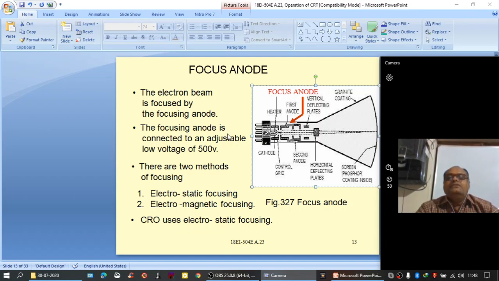The focusing anode is connected to an adjustable low voltage of 500 volts. By adjusting this voltage, we have to see that a sharp beam of electrons is generated.